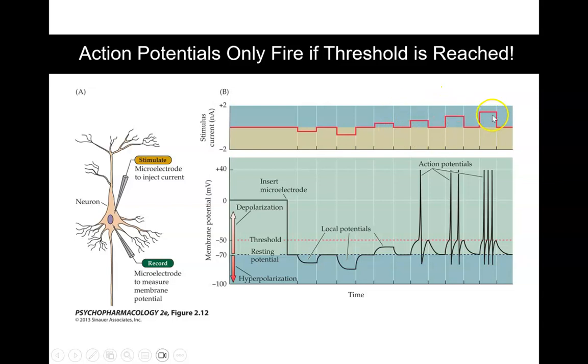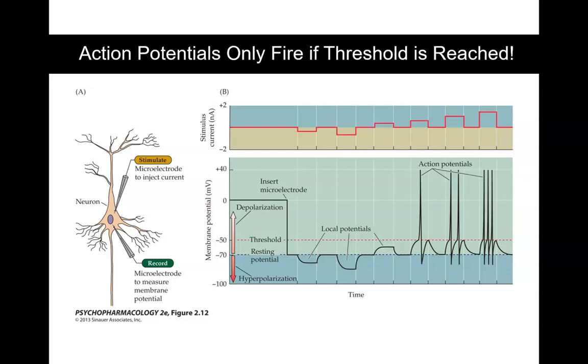It gets larger and larger. Notice that despite the fact that the stimulus is getting larger, the action potential does not change. This is what is called the all or none property of action potentials. Action potentials will fire exactly the same way every time, regardless of the strength of the stimulus. If it's enough to reach threshold, you're going to get the exact same action potential every time.